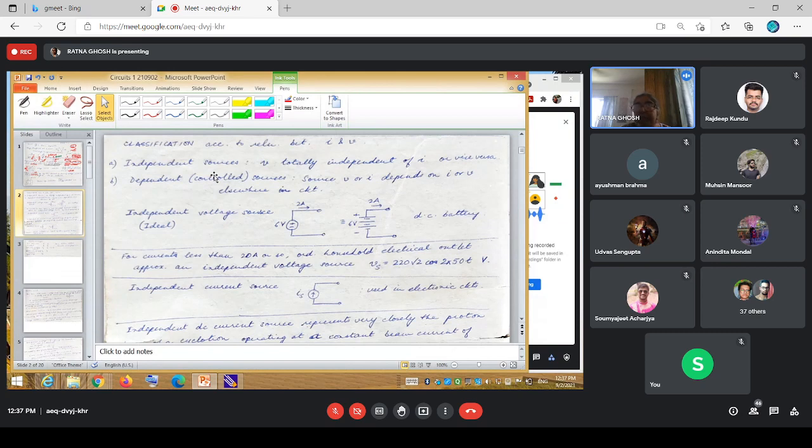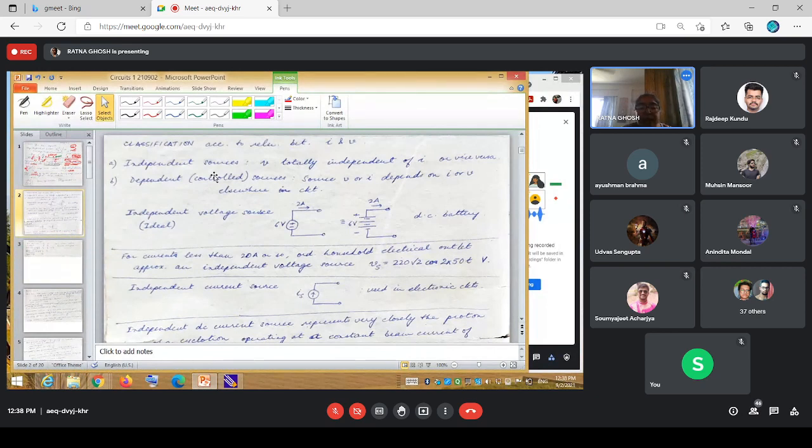So that element is capable of delivering a fixed voltage irrespective of the amount of current that is drawn through it at that particular value. That then qualifies as an independent voltage source for that avalanche voltage value. That's one example. Obviously, a battery is an independent voltage source.